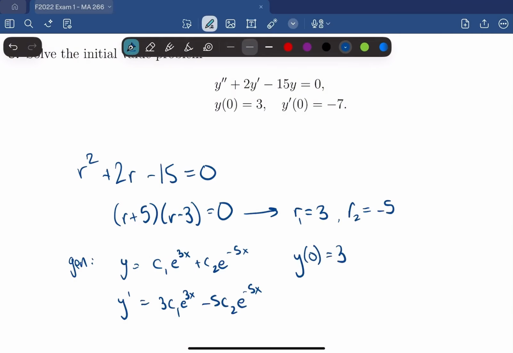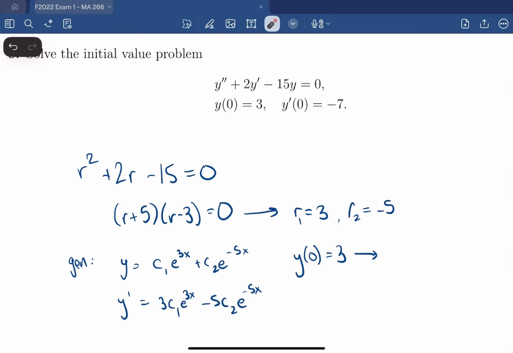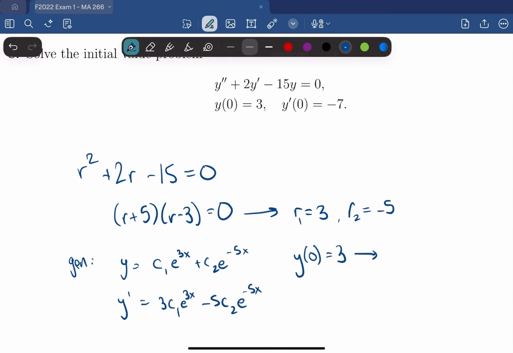Since e to the 0 is 1, we get c1 plus c2 equals 3, and the same way we apply the second one, we get y prime of 0 equals negative 7.